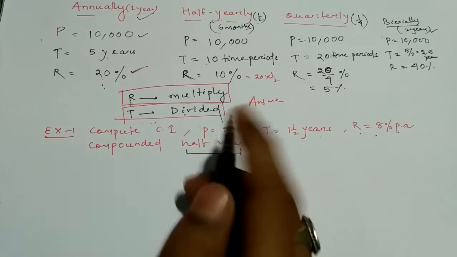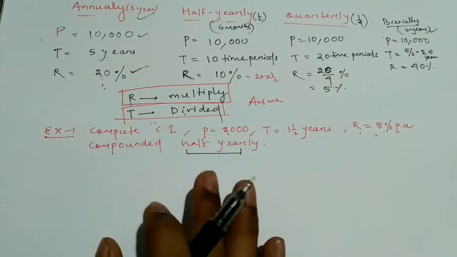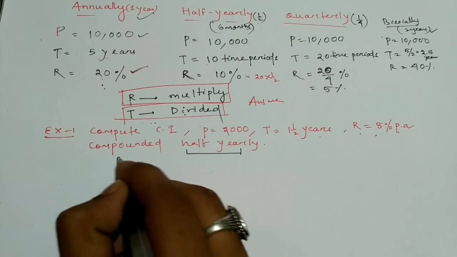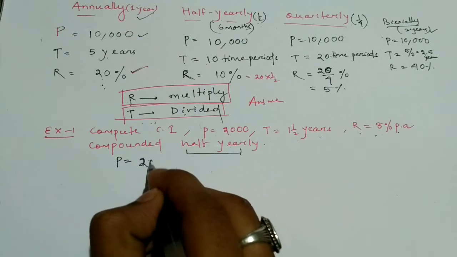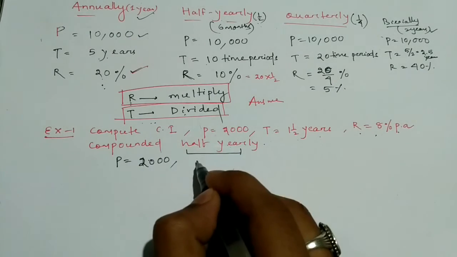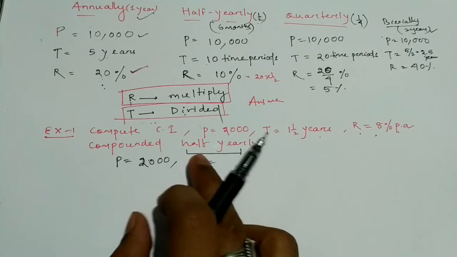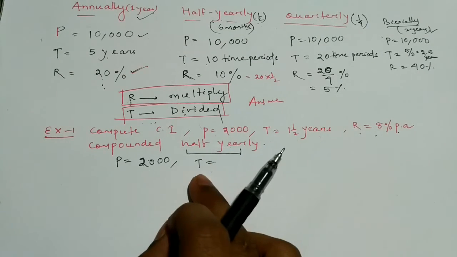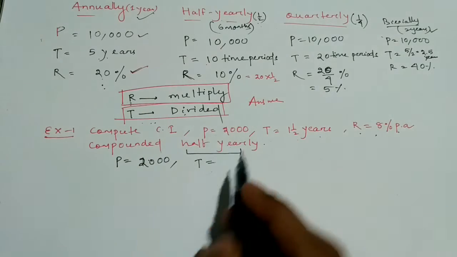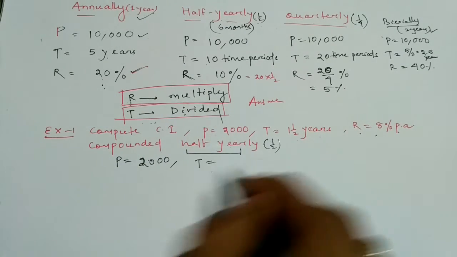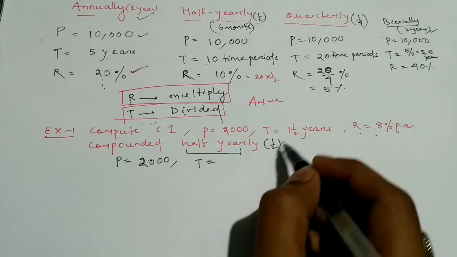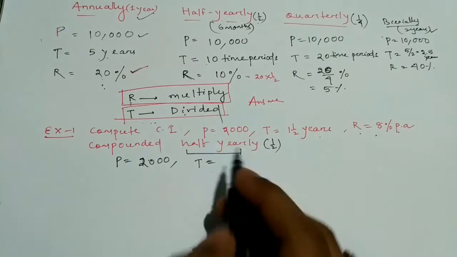As I said, principal will not be affected, so principal will remain the same, that is P equal to 2000 rupees, but the time period and rate of interest will vary if it is half yearly. As I already said, T should be divided. Half yearly means 1 by 2. So T will be what? T should be divided.